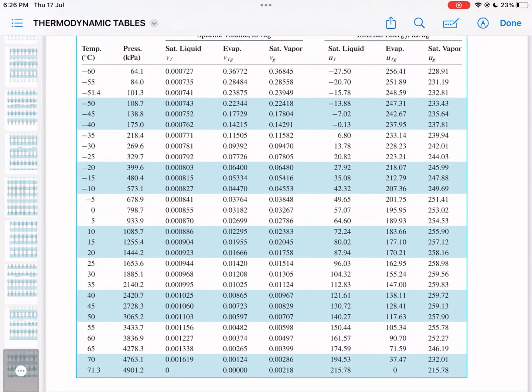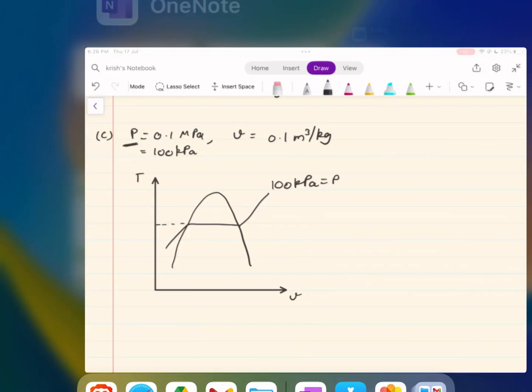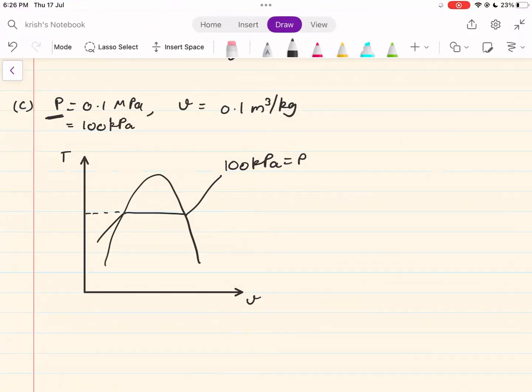At 101.3 kilopascals, our saturation temperature will come out to be minus 51 point something. Please note that the 101 kilopascal line will be slightly, ever so slightly above this, right? But we are disregarding that for the sake of convenience. Obviously, you can always linearly interpolate, but that is a topic for future discussion.